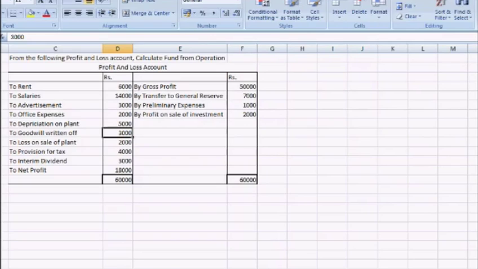So the next thing we have here is loss on sale of plant. This is not part of operation, meaning selling a plant is not part of your regular business operation.